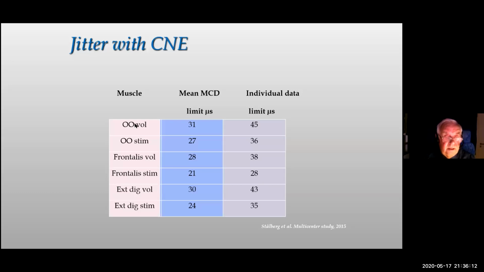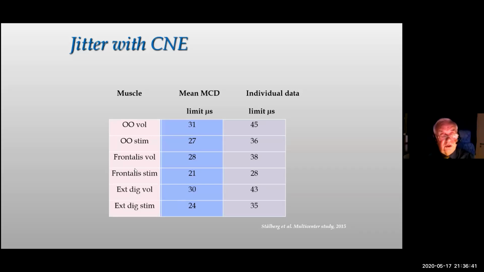And we did the orbicularis oculi, frontalis, and the extensor digitorum. And we made normal values both for individual data. Just one recording should not be more than 45, should not be more than 38, and should not be more than 43. And the mean value of all 20 recordings have the values here.